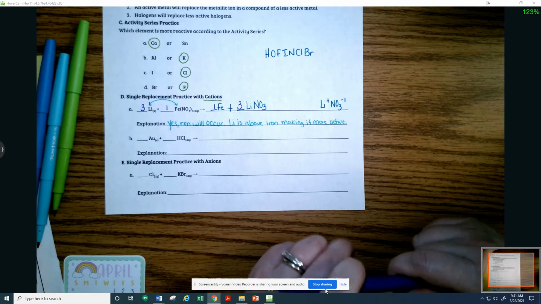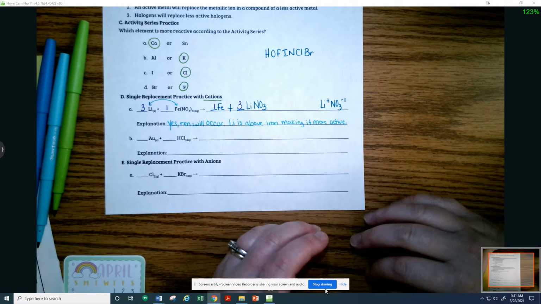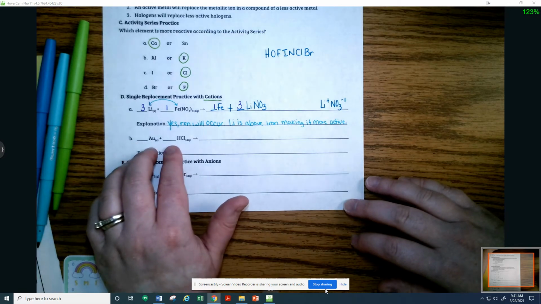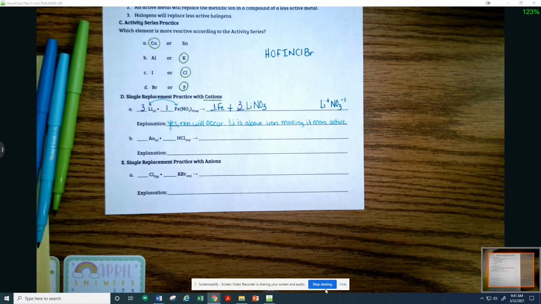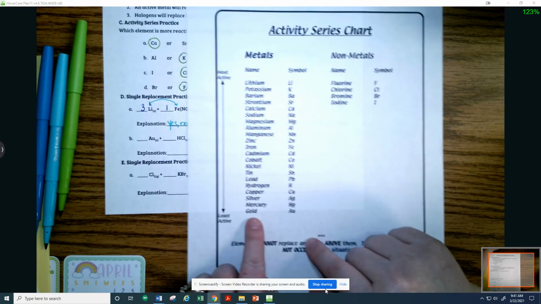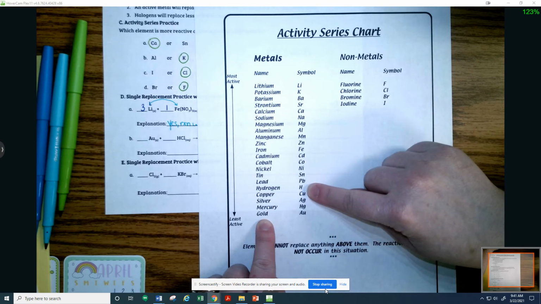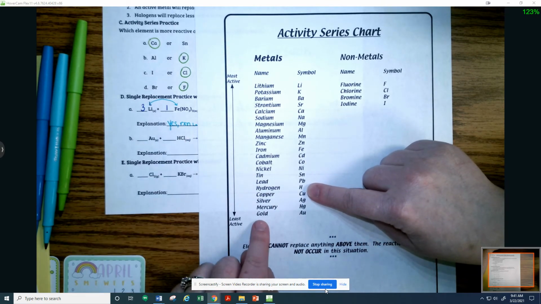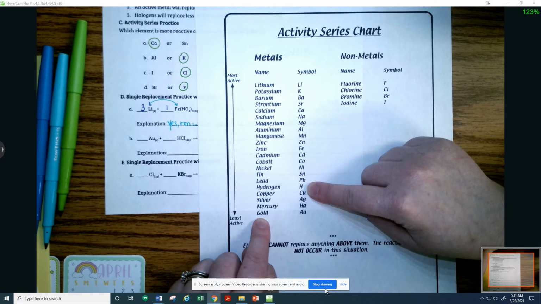Here in example B, we have Au and HCl. The first thing is we have to figure out what side of the activity series we're using and if the reaction can happen or not. When we go to look, we have Au, which is gold, and we have hydrogen as our cation. So we're comparing our two metals. Again, hydrogen is listed first, therefore that is our metal in the acid here. You can see that of all the metals, gold is listed at the bottom, being the least active.